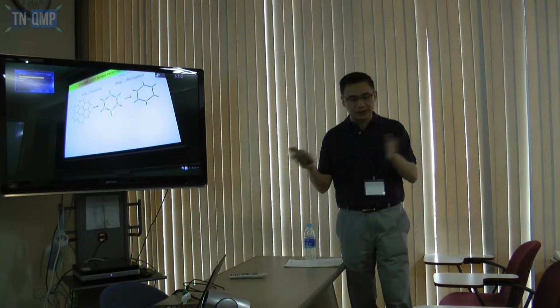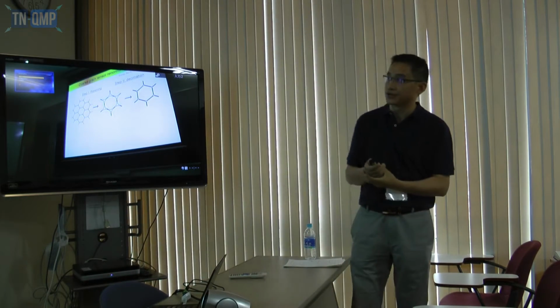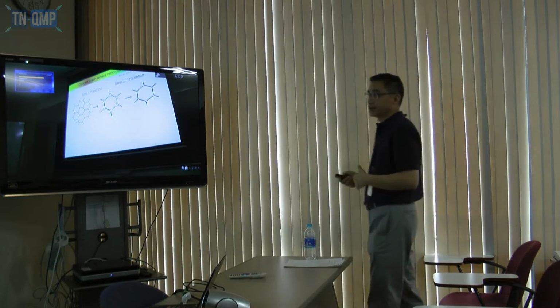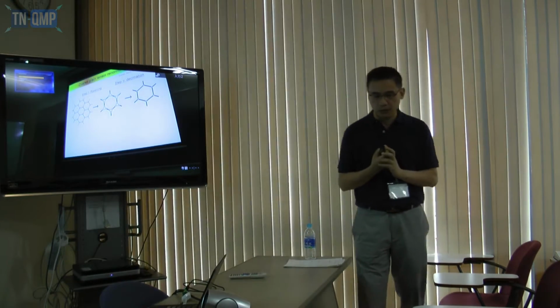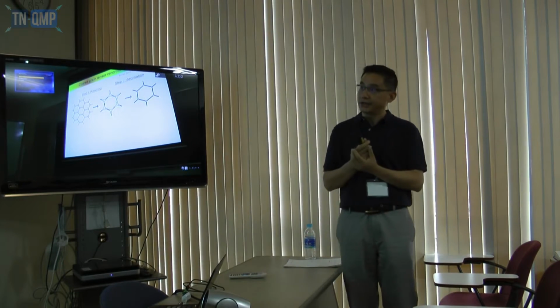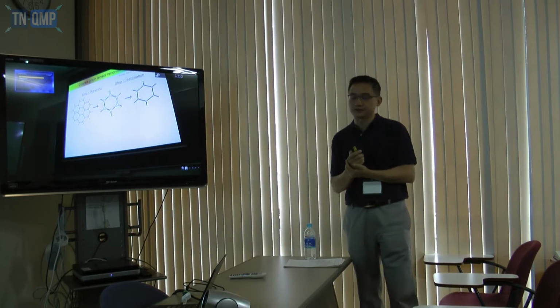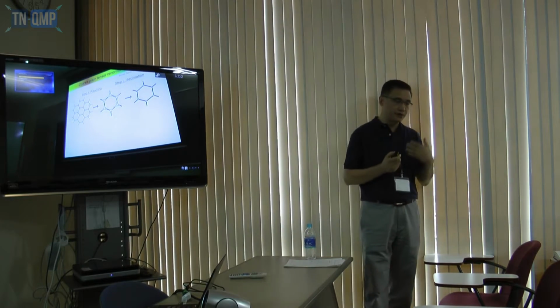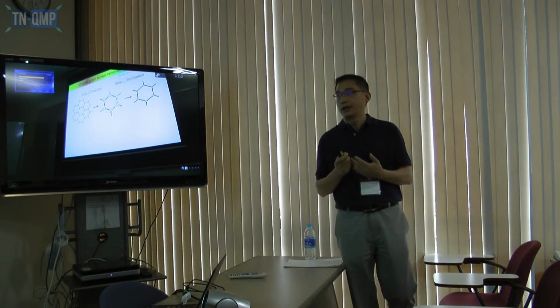So now I will tell you a little bit about coarse graining tensor renormalization group, because conceptually I think it is simple, and it may also help you think about how to design a new approach.